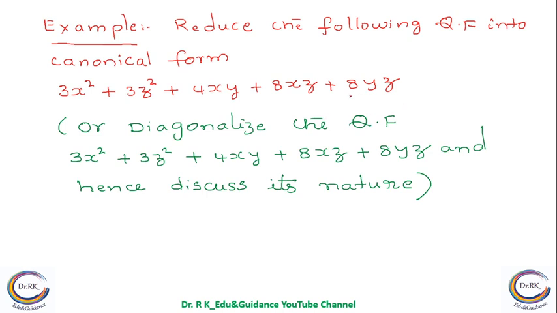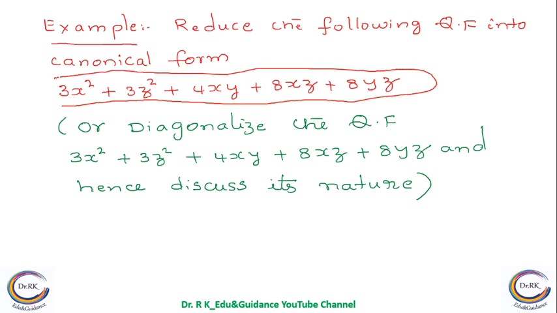So how does the question appear in general in examinations? They give a polynomial expression like this. One way is: reduce the following quadratic form into canonical form. The other way is: discuss the nature of the quadratic form.